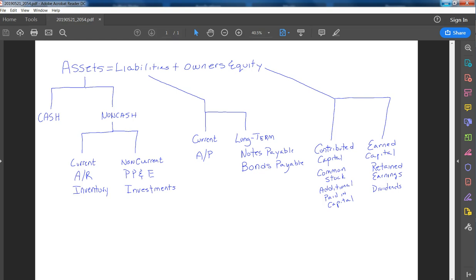Things like unusual or infrequent transactions that can affect income from continuing operations. That's important, because when you're looking at the income statement, there are things that occur that are one-time deals, or only happen every once in a while based on certain events or circumstances that arise.